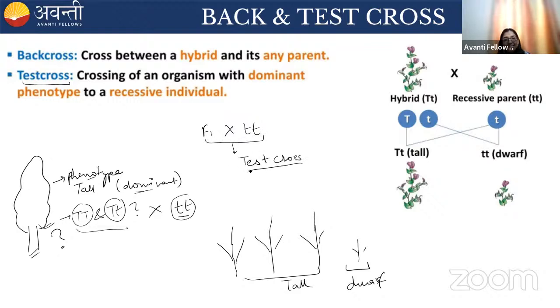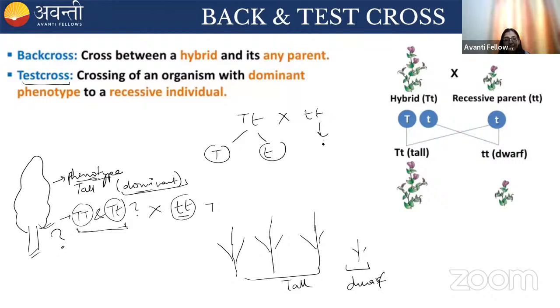And why are we performing this test cross? To identify the genotype of the dominant phenotype. For example, I know that this plant on crossing is producing 3 tall and 1 dwarf. So if I cross capital T small t with small t, it will produce 2 gametes, capital T and small t, and this will produce 1 gamete, small t.